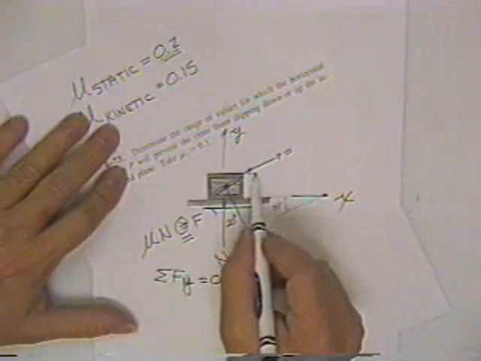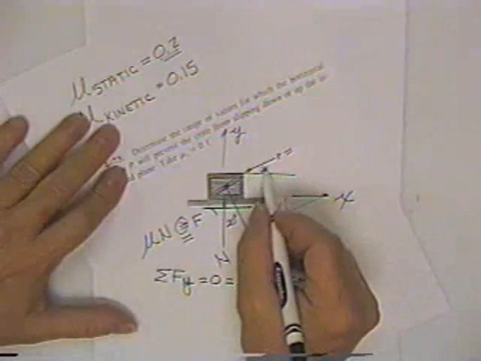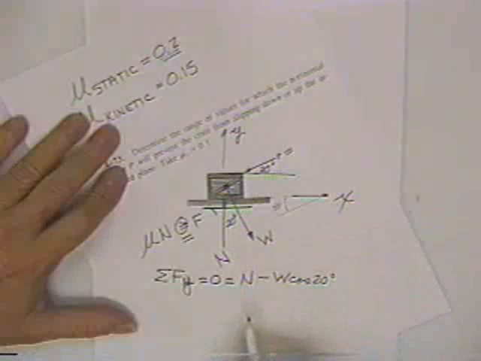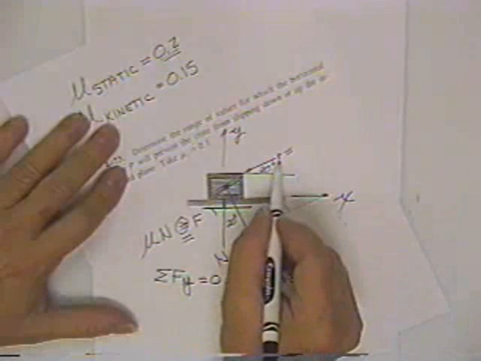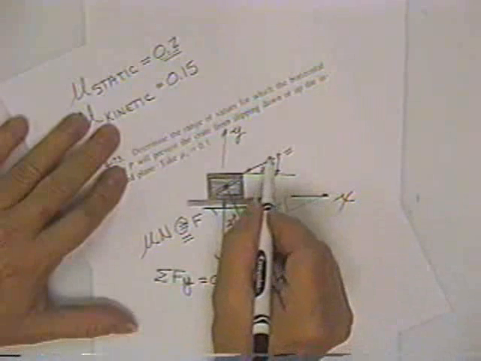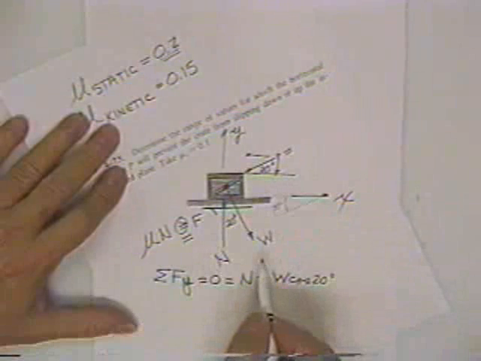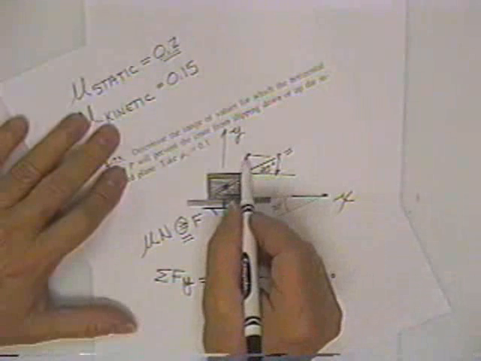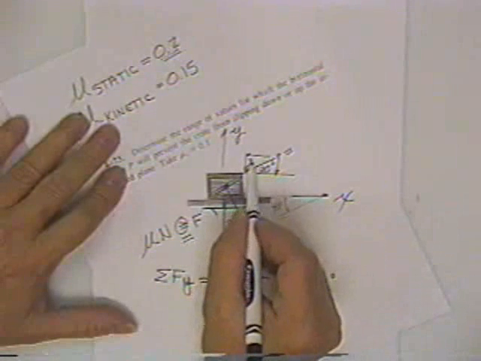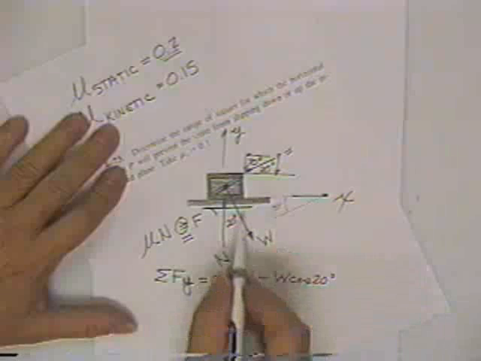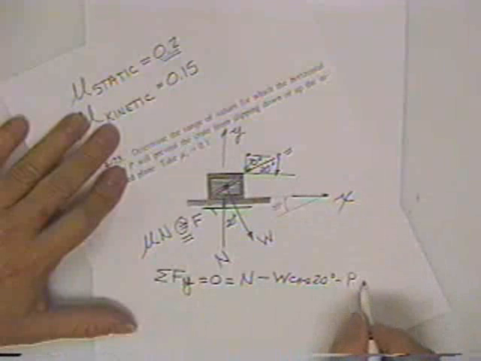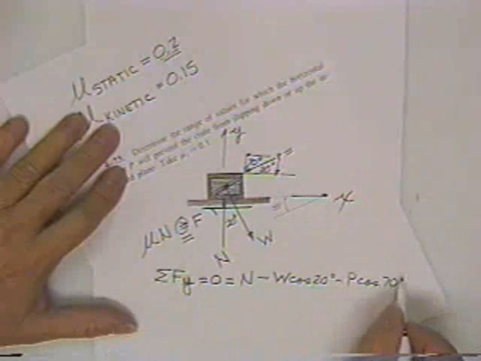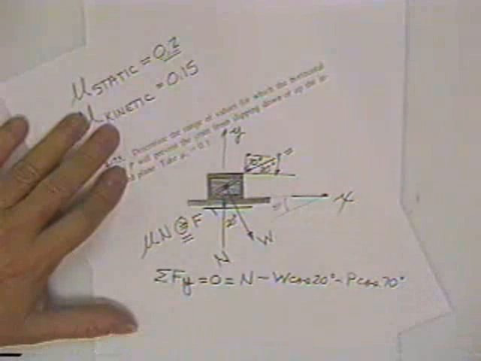Now the P force used to be horizontal, but when I rolled my quiz 20 degrees, the P force rolled up 20 degrees, and that P force has a downward component and a horizontal component. And the downward component, that's 70 degrees in there, would be P cosine 70, and it acts down, so minus P cosine 70 degrees. That gives me one equation.